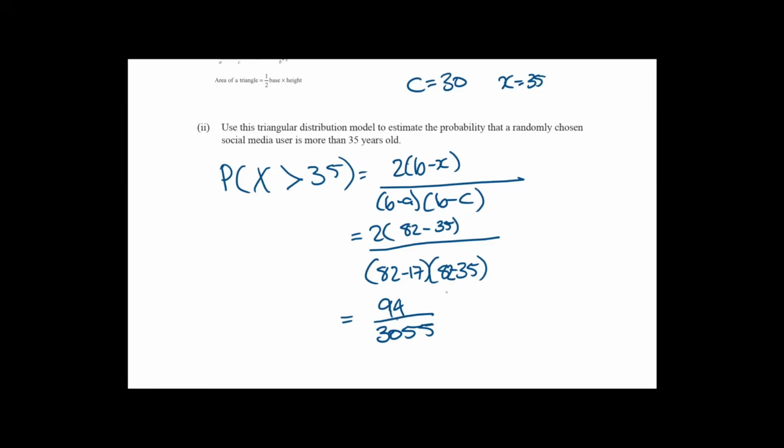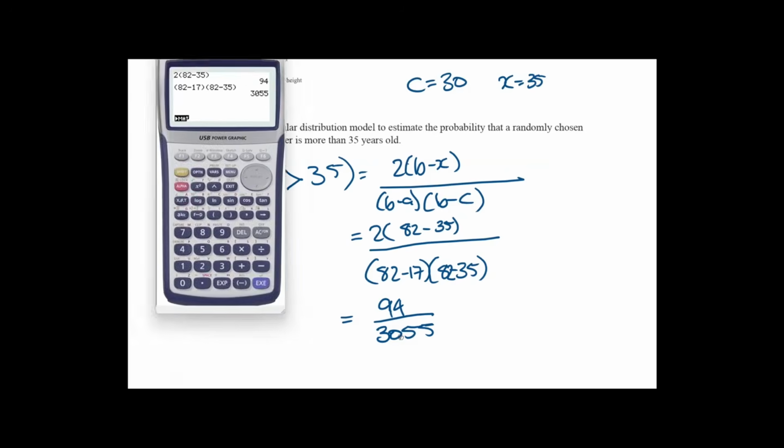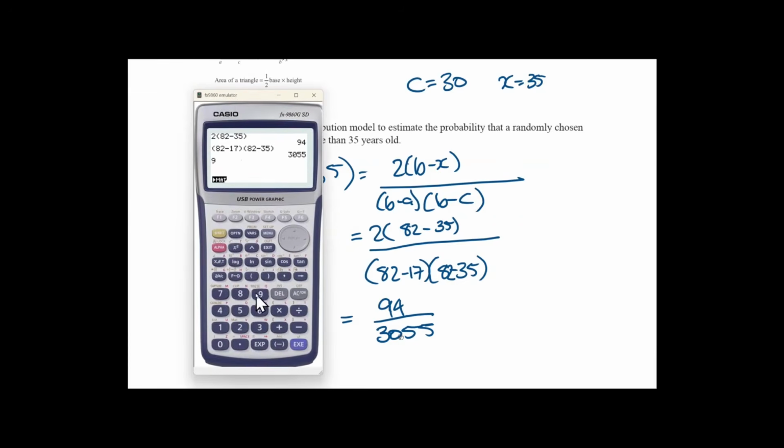So 3055 is a really small number. So 94 divided by 3055 is, okay, so that's not the probability between 35 and 82.